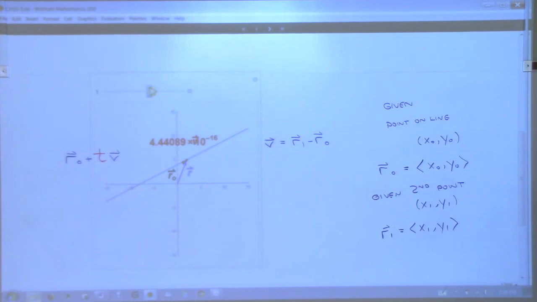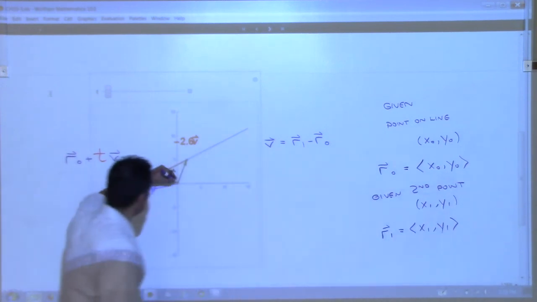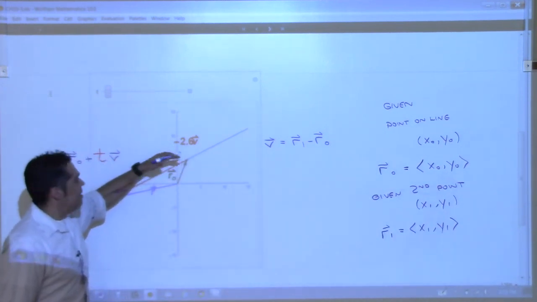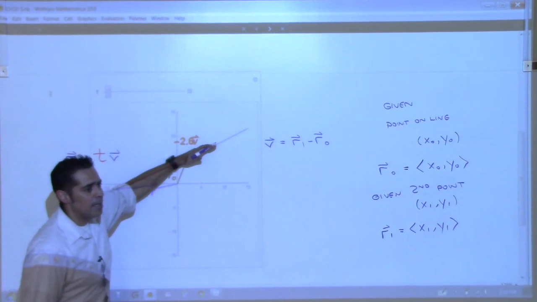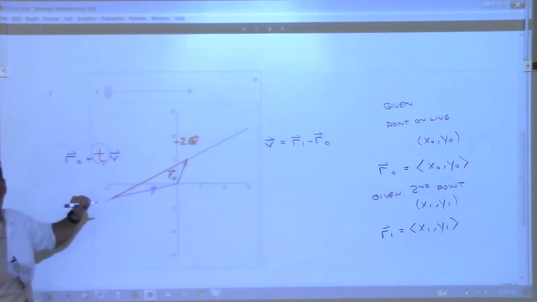There's r naught plus nothing. Then r naught plus different multiples of v will stretch me out that direction. Then r naught plus different multiples of v but negative would go in that direction. So it's like I'm starting with some initial vector, and then I'm taking a vector that's parallel to my line, and I'm stretching it in both directions using a scalar multiple. Y'all follow that?